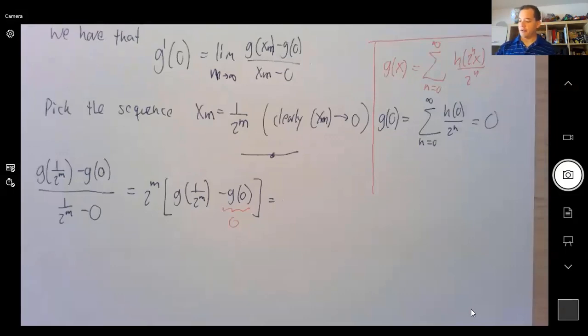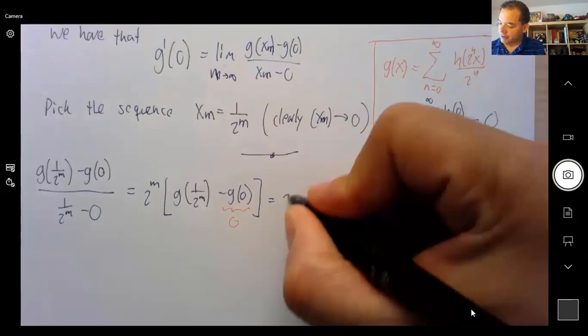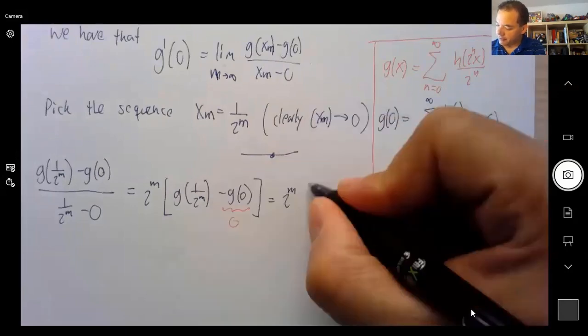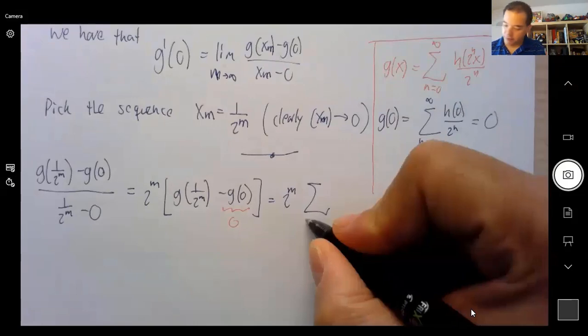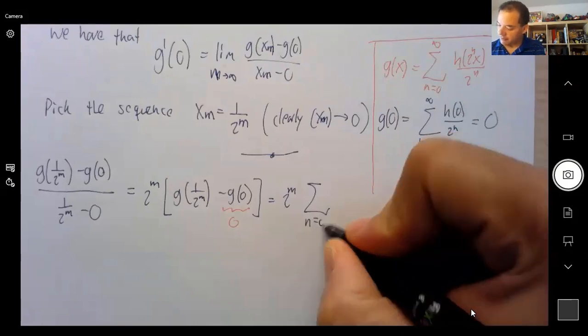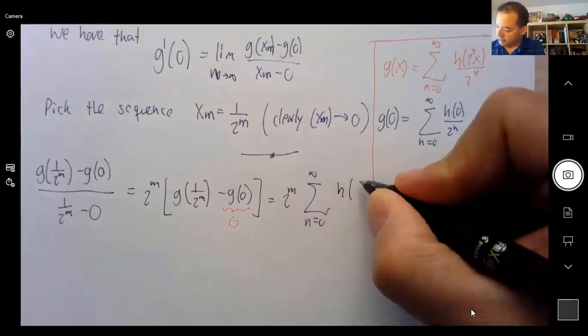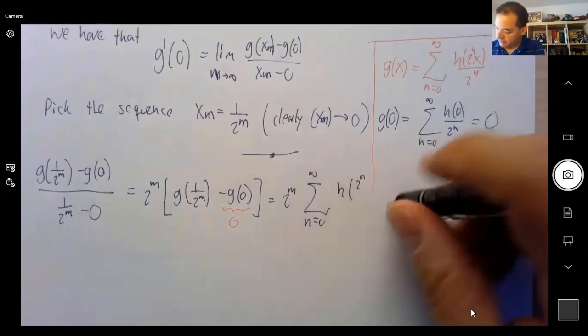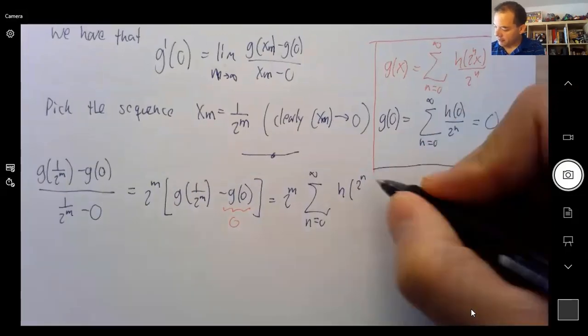Next, we need to write down what g is. That will be the sum from n equals 0 to infinity of h of 2 to the n times x.